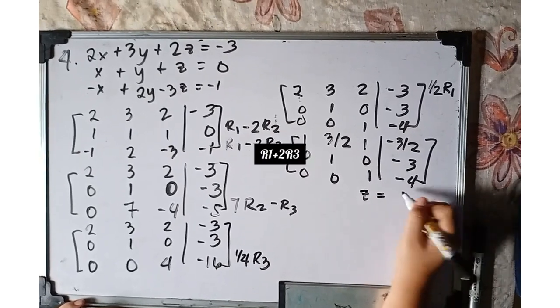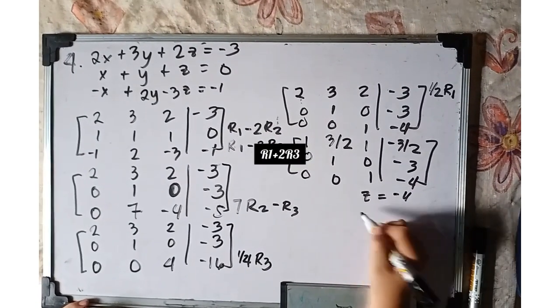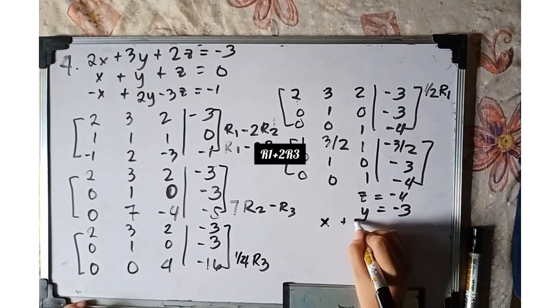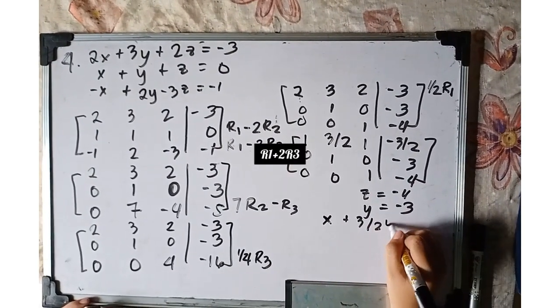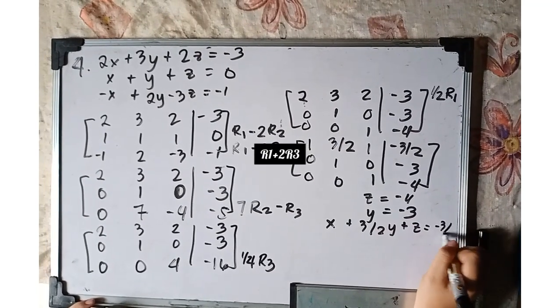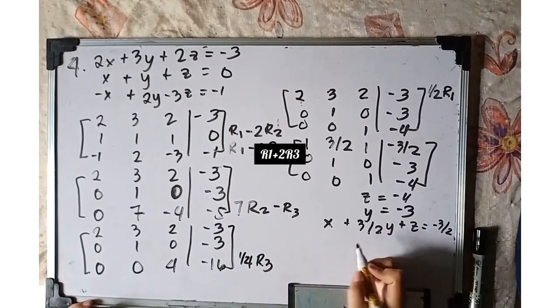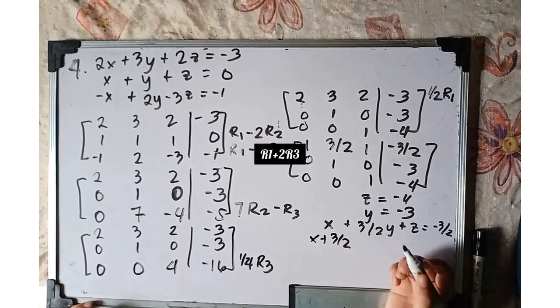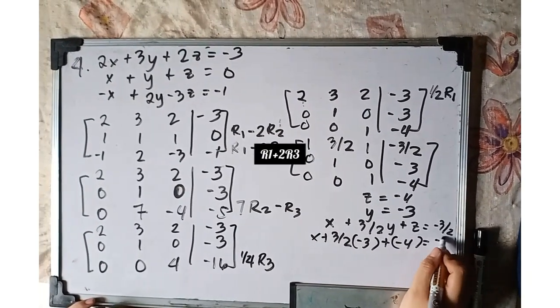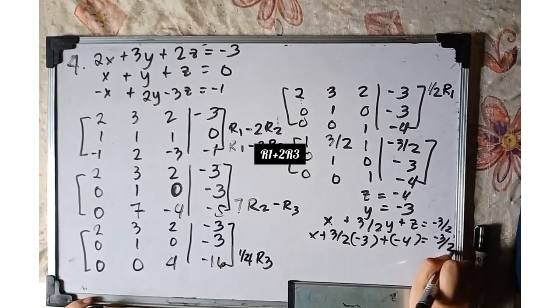So the z here is negative 4. The y is negative 3. And x plus 3 over 2 y plus z is equal to negative 3 over 2. So x plus 3 over 2 times y, which is negative 3, plus z, which is negative 4, is equal to negative 3 over 2.